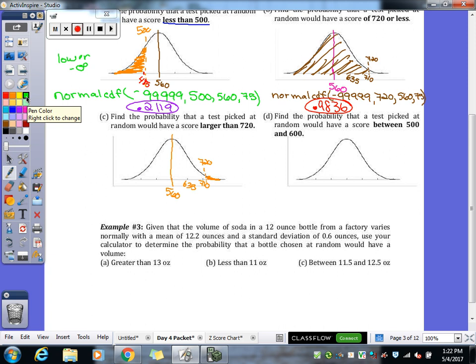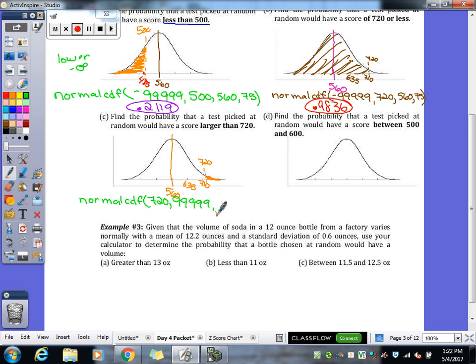So this time, since we're looking for the probability of a number larger than that, when we go to write our normal CDF, our lower bound this time is the 720. That's the lowest score we're looking for. We're looking for the probability of scores higher than that. So our upper bound this time is positive 99,999.